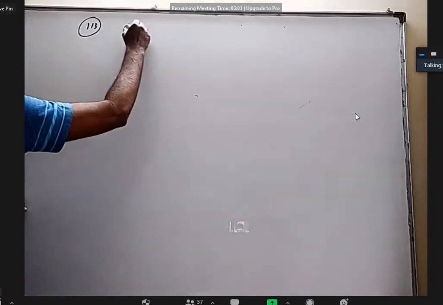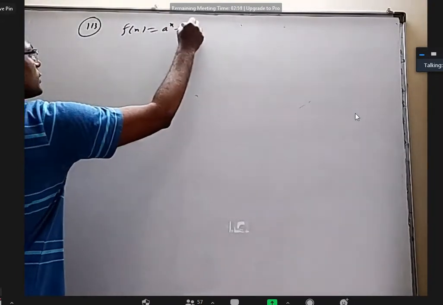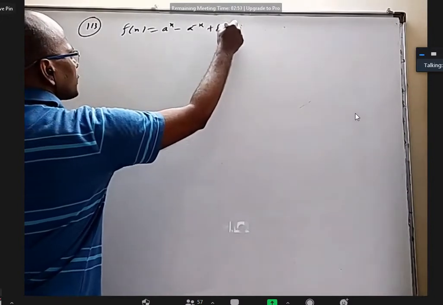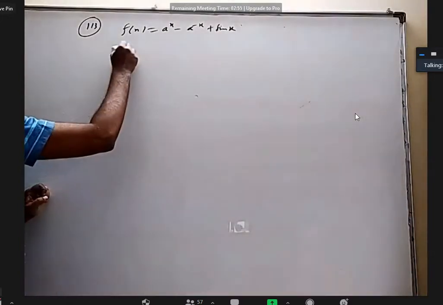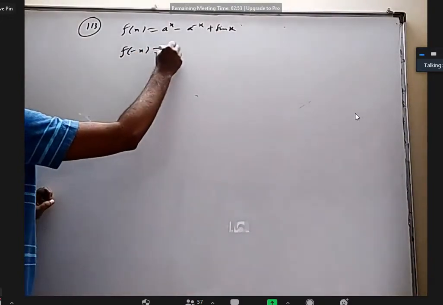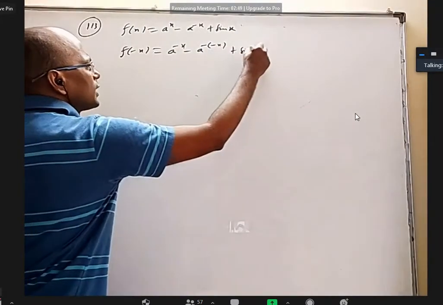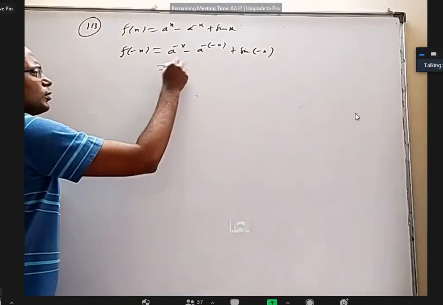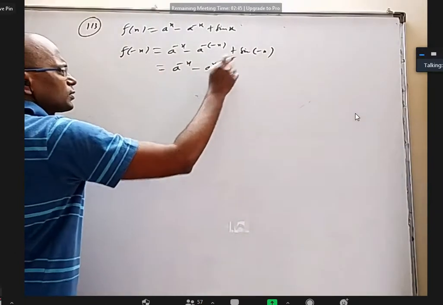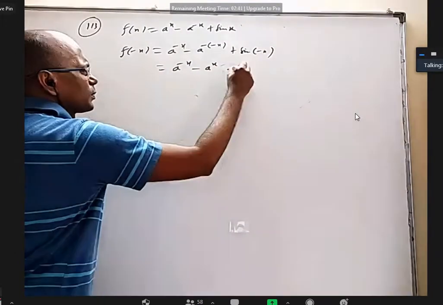Okay, 113. That is a more simple question. f of x is equal to a power x minus a power minus x plus sin x. When you try to find f of minus x, you'll get a power minus x minus a power x plus sine of minus x, which is a power minus x minus a power x minus sin x.